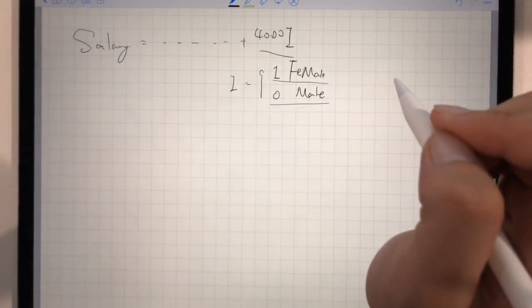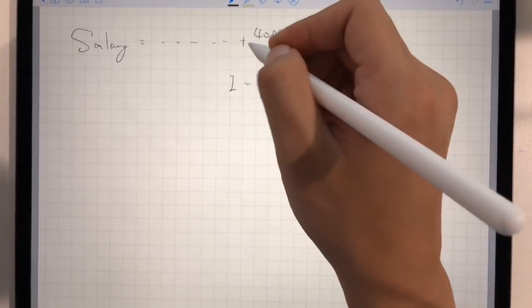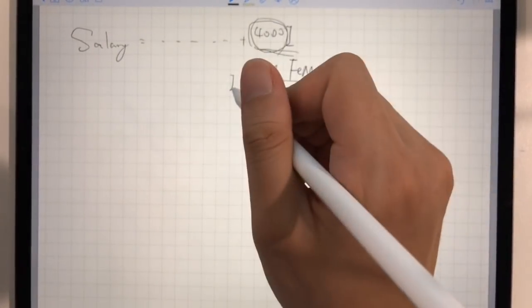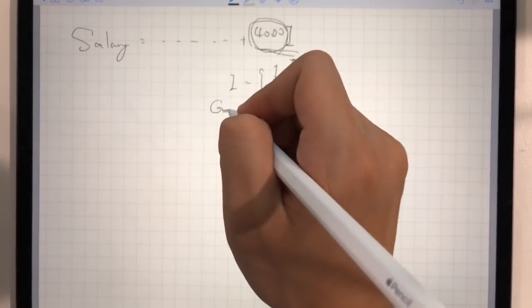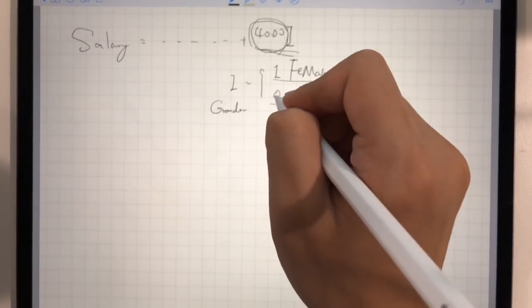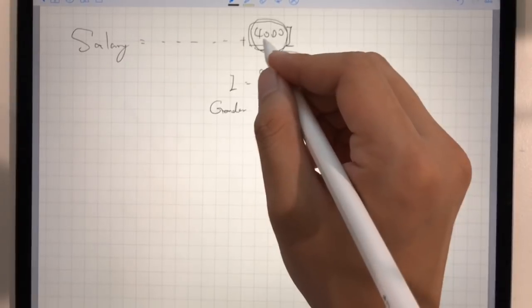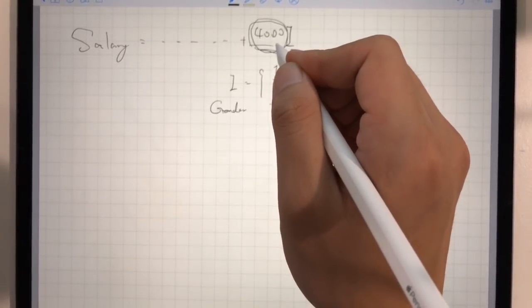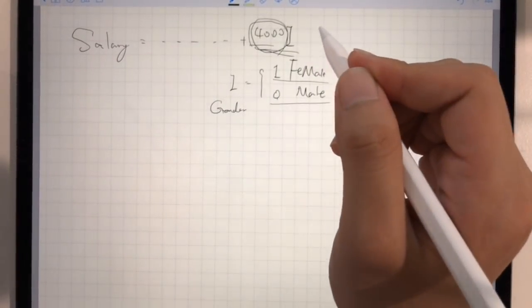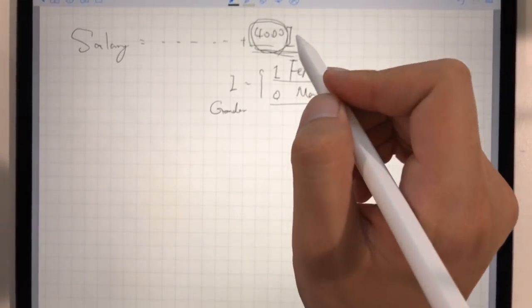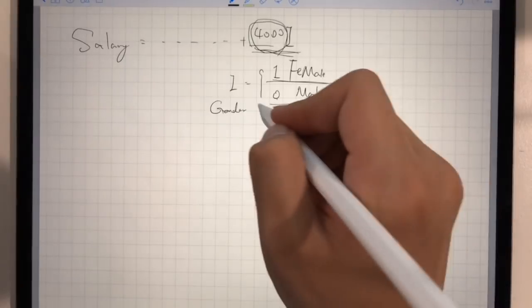So when we interpret this 4,000, we can't say, when gender increased by 1, the salary increased by 4,000. Oh my God, that is totally absolutely idiotic, right?